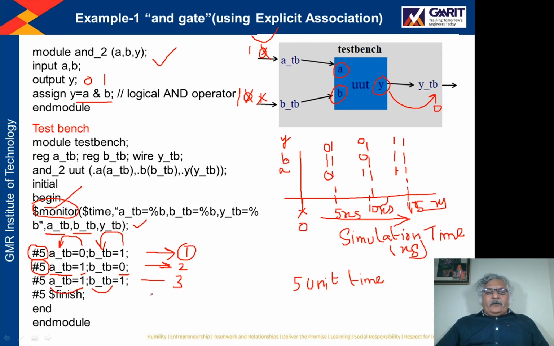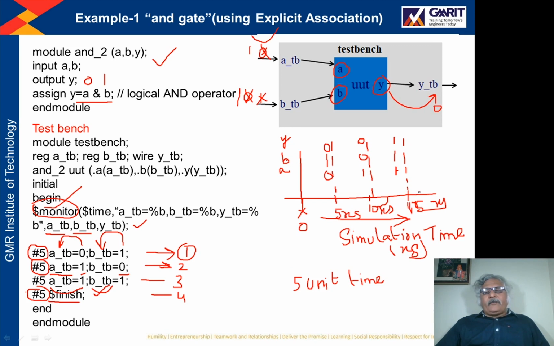Then after the third statement, the fourth statement will be executed, and this is #5 $finish. So $finish will stop the simulation. This is the directive which indicates to the simulator to stop now. This $finish will be executed after 5 unit time of the third statement.